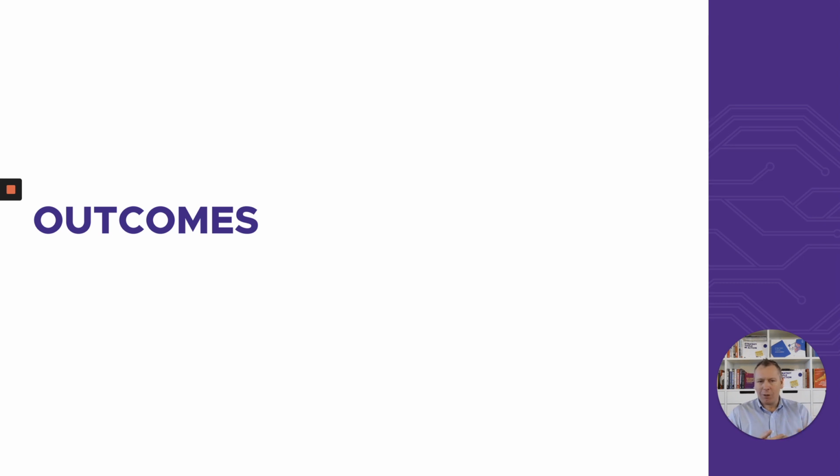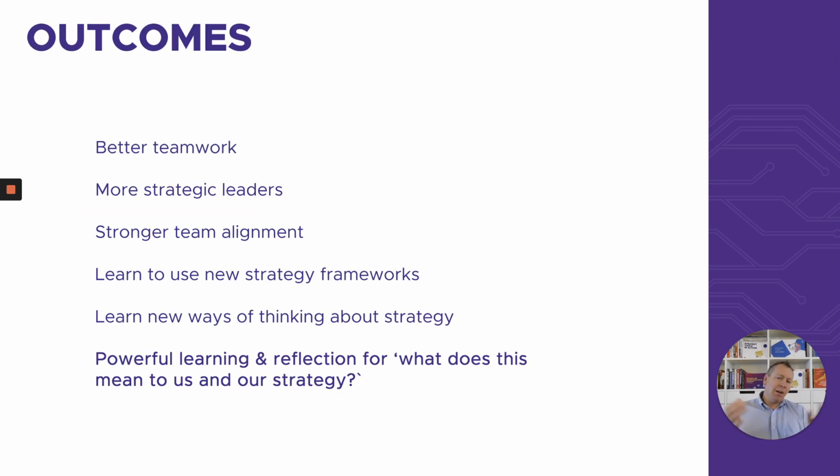Now, some of the outcomes that you can expect. When we run Transform, afterwards we see better teamwork, more strategic leaders, they understand and think more strategically, stronger team alignment. A lot of people learn how to use new strategy frameworks and new strategy theories. They also learn to think differently about strategy and how do we become better leaders that are able to work more strategically.